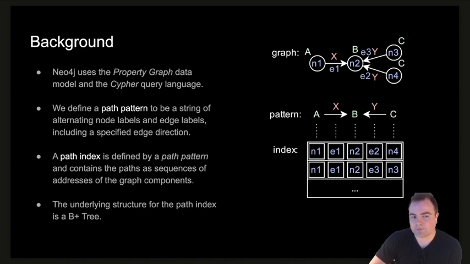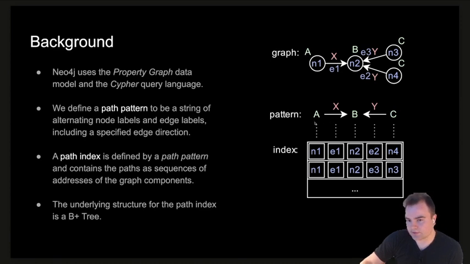So what are paths for us, and specifically what are path patterns? A path pattern is just a string of alternating node and edge labels along the path. In addition to the labels, we also specify the direction of edges.